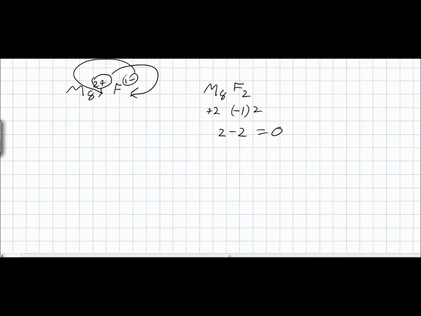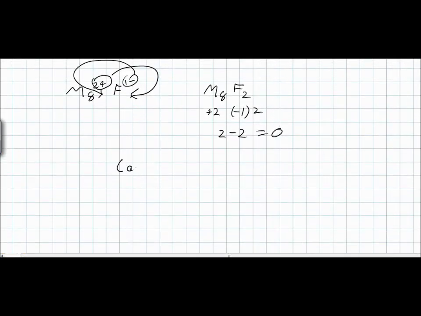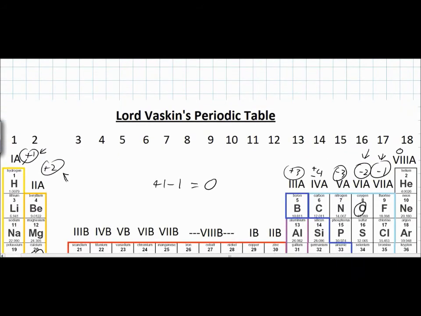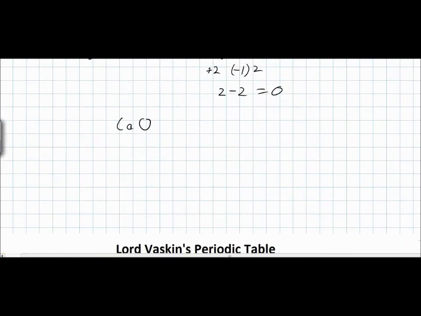So if we go up here and write calcium, yep, I did choose oxygen, calcium oxide, we have a 2+ and a 2-. So cross the charges. So we put that there and we put that there. We have Ca2O2.